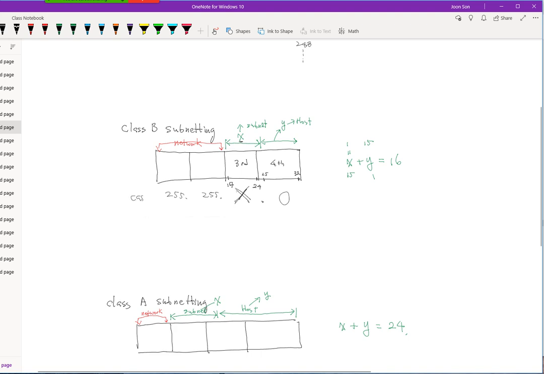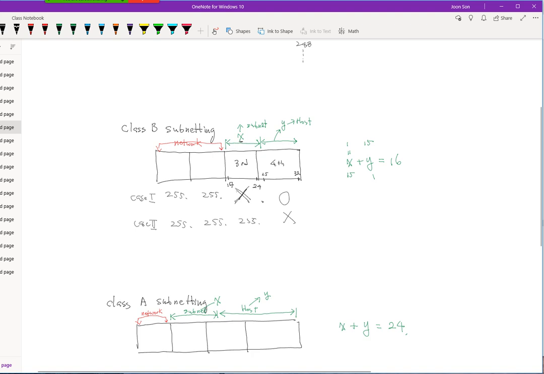So there are two cases. Case number 1 is 255.255.X dot 0, and case number 2 is 255.255.255 dot some number. Okay, so let's take a look at case 1.